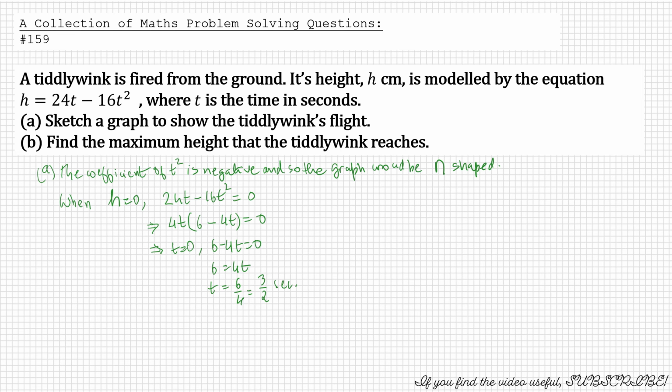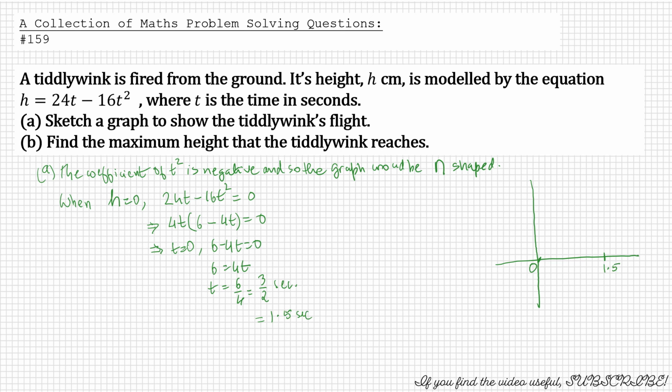So therefore, if we are doing the graph, which we have to do, there's 0, and somewhere there is 3 out of 2, which equals 1.5. So I would have 1.5 here. That bit is taken care of. The next thing is what happens when t is 0.